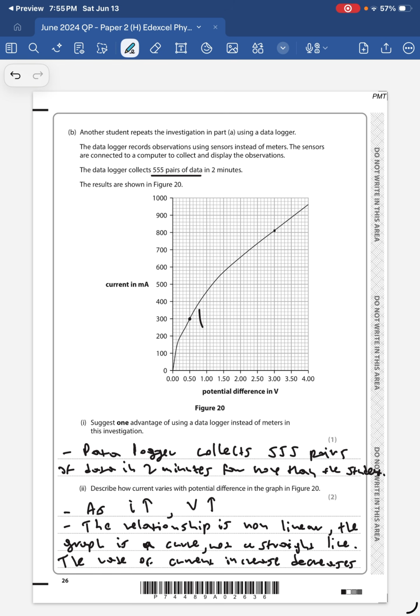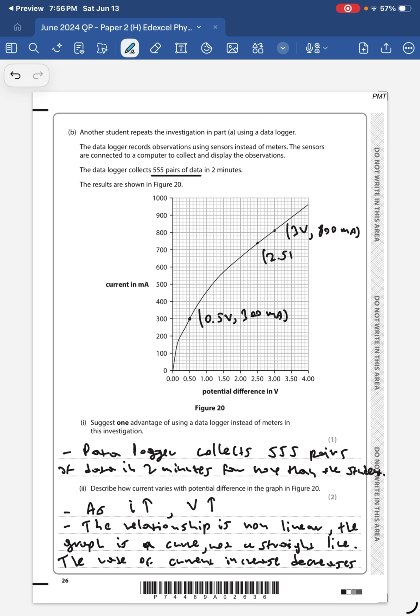So here we have half a volt corresponding to 300 milliamps, and here we have 3 volts at about 800 milliamps. Can we do one more? Let's do this point over there.